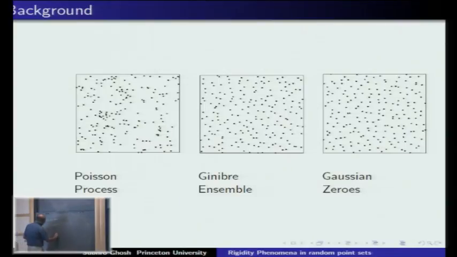So, this converges to a constant. Of course, this constant is different for the Ginibre and the Gaussian zeros, but the asymptotic order is the same.